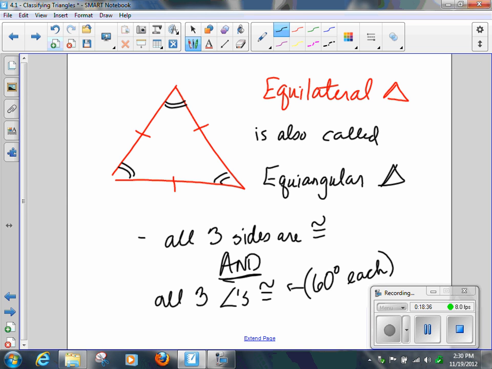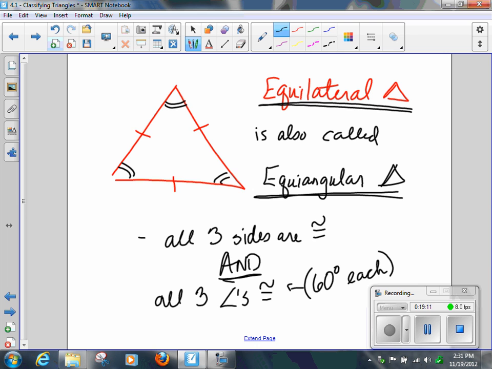Very good, sir. 180 divided by 3 gives you 60. Because if you add up all the angles in the triangle, they're equal to 180 degrees. Look at the prefix of the word. What's it mean? Equal. Everything's equal on that triangle. All right, so what's next?